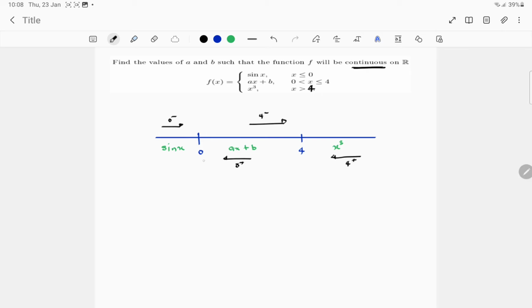Here we now consider our points. We say the limit as x approaches 0 from the negative of f of x is equal to the limit as x approaches 0 from the positive of f of x. The reason being, we assume that it's continuous.